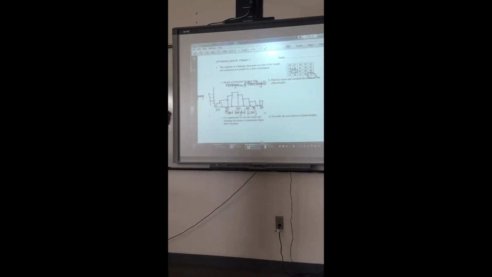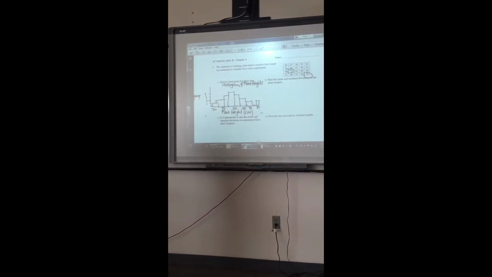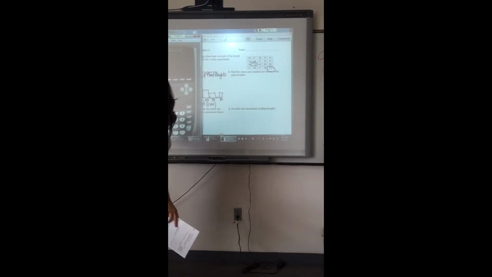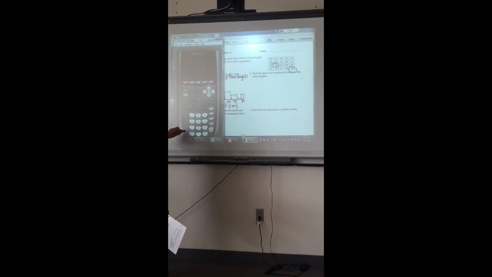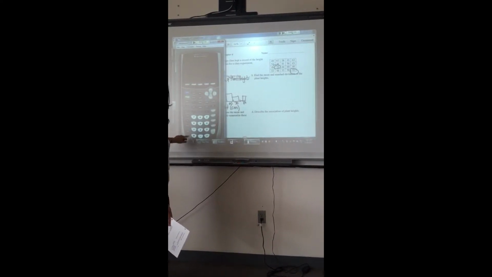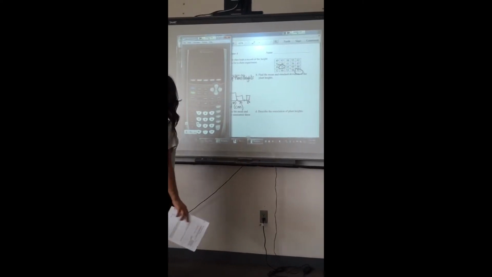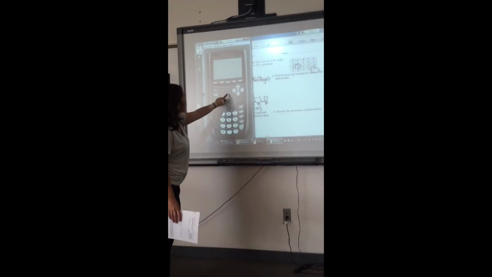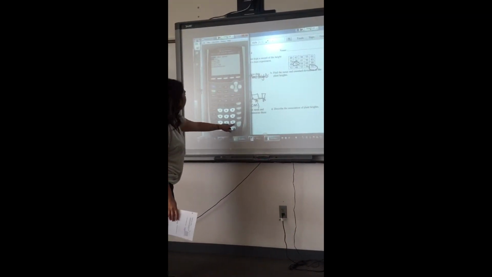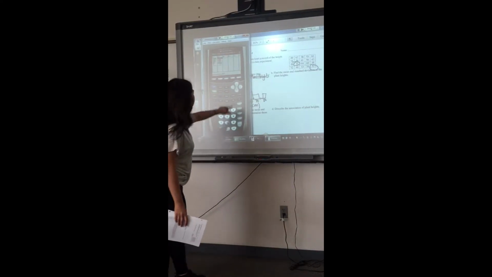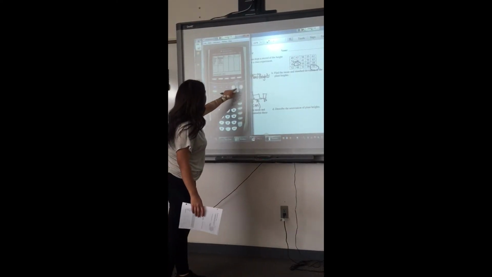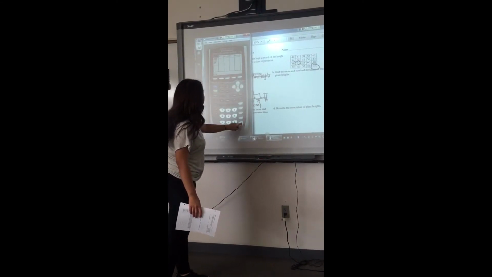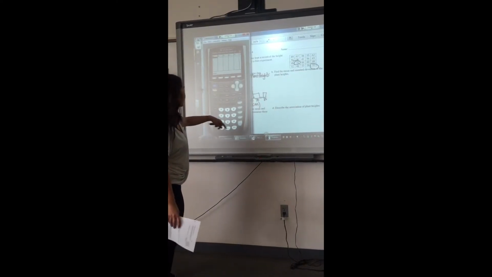Okay. So B says, find the mean and standard deviation of the plant heights. So we're going to put in our data values on the calculator. To put in our data values, we hit stat and then edit. So we plug in all the data values.